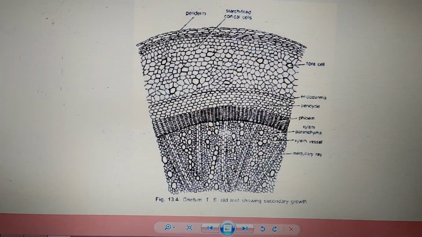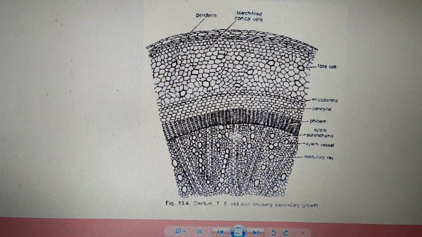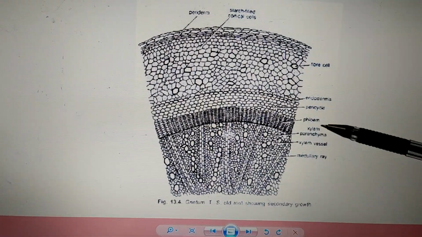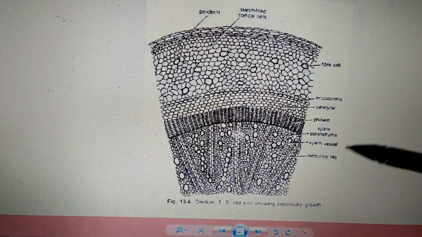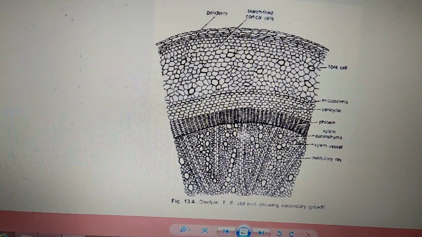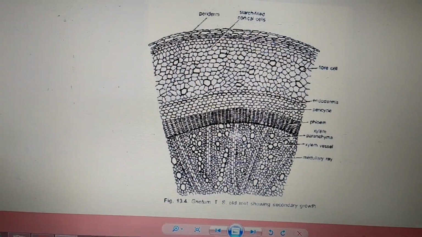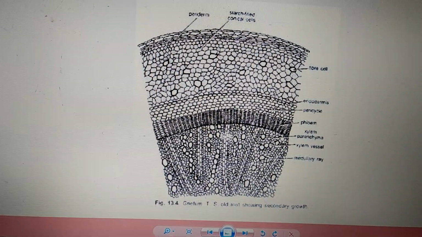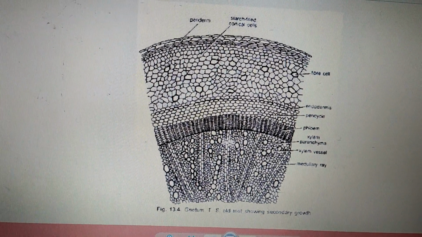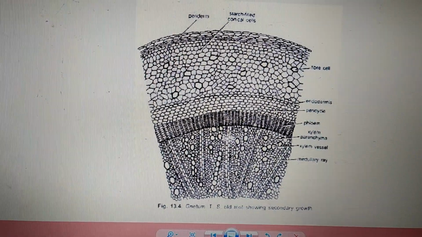Inner to this we can see the arcs of a cambium forming the phloem groups above and the xylem groups below, which join together to form a cambium ring. The secondary xylem consists of tracheids, bordered pits likewise. So this is a detailed description regarding the transverse section of the root of Gnetum. Thank you.